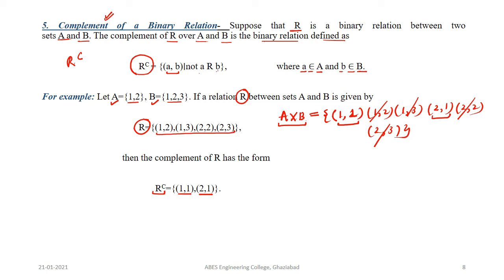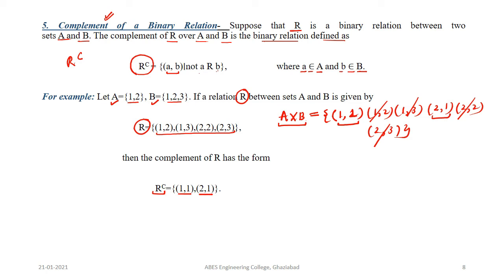So these are the ordered pairs which belong to the Cartesian product of A and B, and this is the relation R which is defined on the sets A and B, and we have to find the complement, R complement.